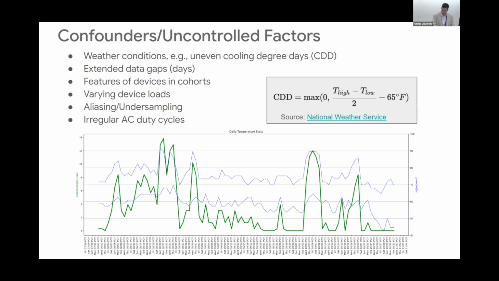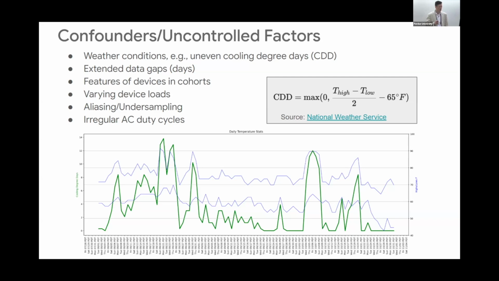The assumption that 3 devices of the same make and model on three different buildings in the same geographic area is necessarily a good way to create a cohort is flawed, because some devices have greater load. They have to support a larger area than other devices. Some are much more active than the others. So that was a reasonable first guess. We learned that's maybe not the best way of cohorting. We're still trying to work through that.